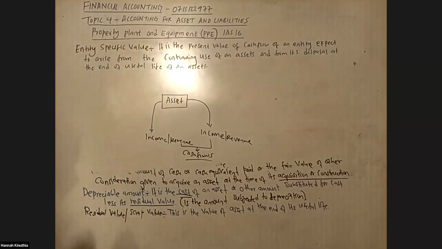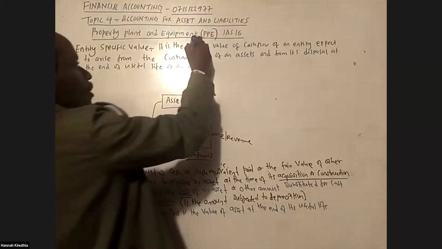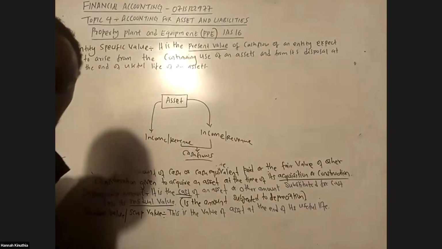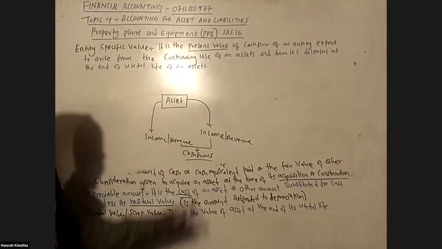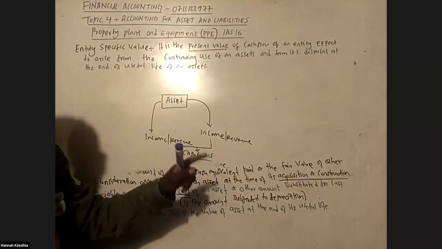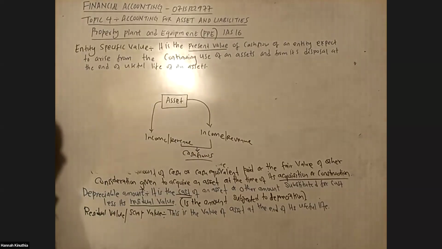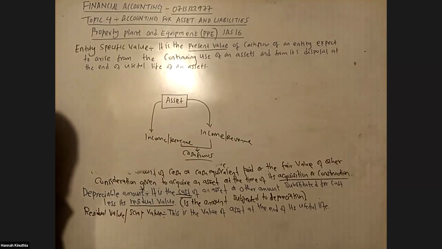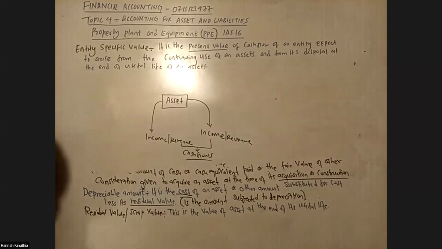Now, today means present value. So if a company uses its assets today to generate cash flows in the form of revenue, that value is what we call the entity specific value.